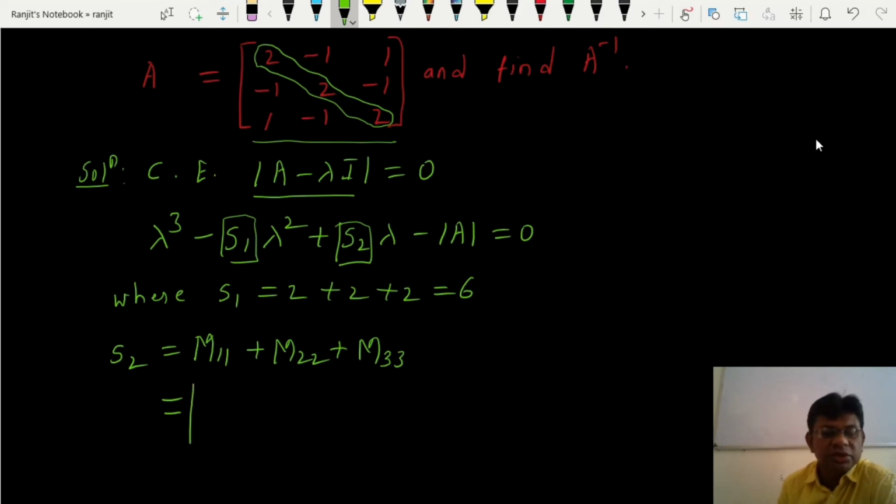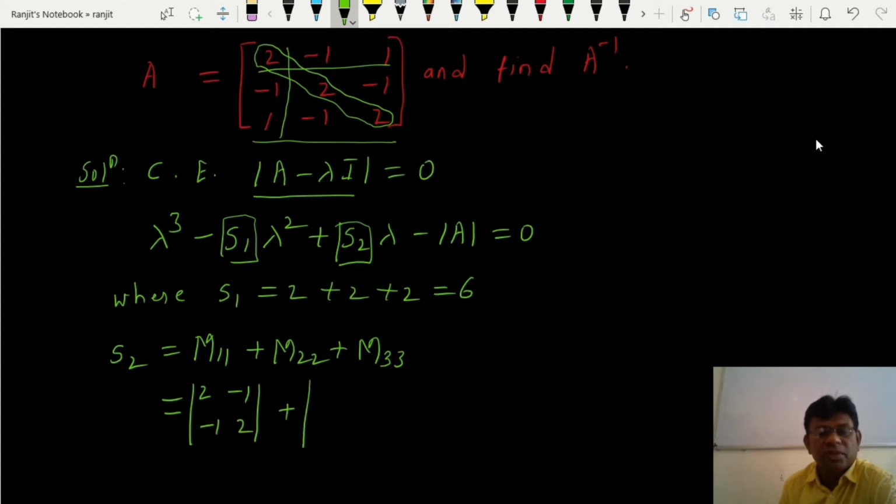It is the determinant obtained by deleting the first row and first column in the determinant A. Deleting this first row and column, we get determinant 2 minus 1, minus 1 2.